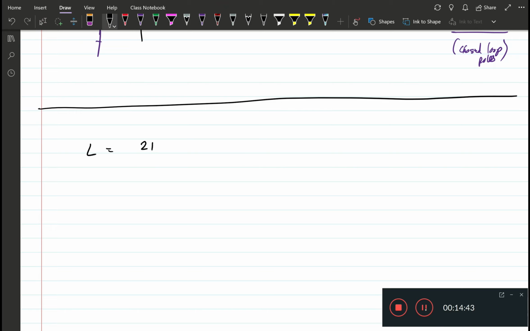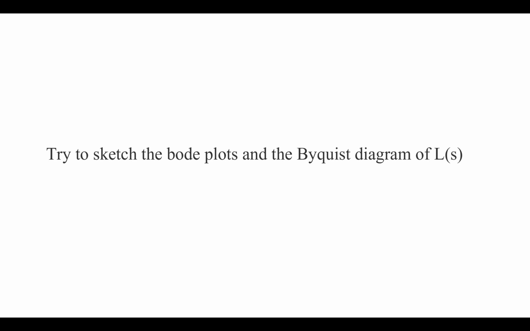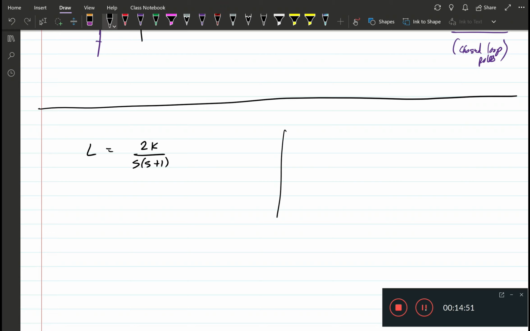So L now is 2k over s plus 1, and if we try to sketch the Bode magnitude plot of L, we have integral action, so we would have a slope of minus 20 dB per decade here, and then we have a stable pole at s equal to -1.